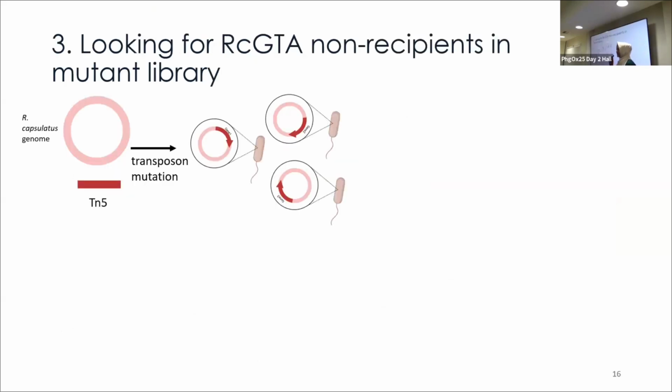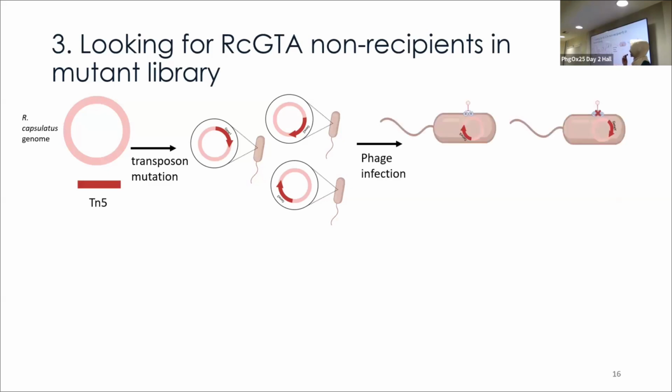So moving on to the third set of experiments, which involve a Rhodobacter capsulatus wild type transposon mutant library. And this mutant library is subjected to phage infections, different kinds of phages.